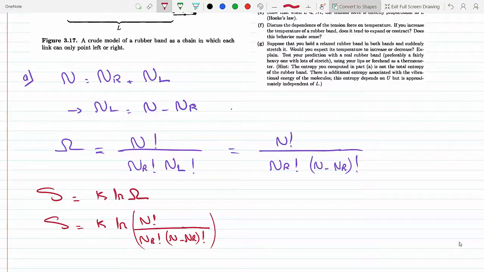Okay, and we're going to expand this log, and in the process of doing so, we will use Stirling's approximation in order to simplify this. Stirling's approximation says that ln of n factorial for very large n can be approximated as n ln n minus n.